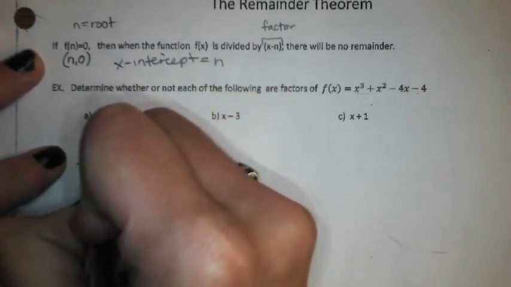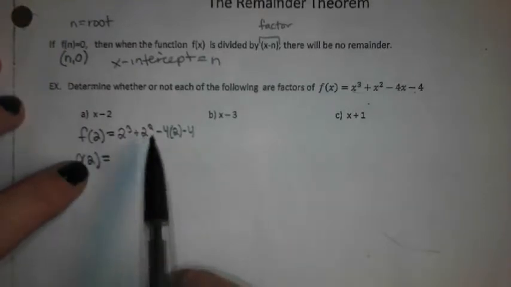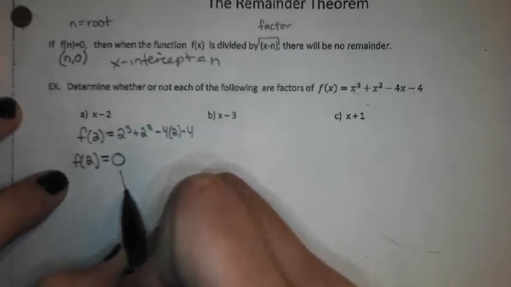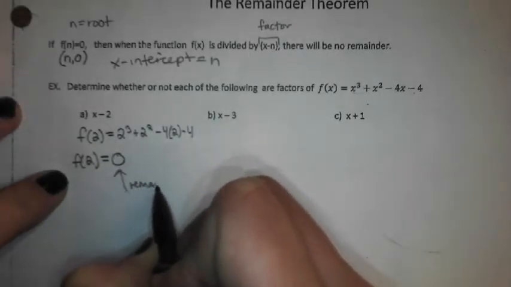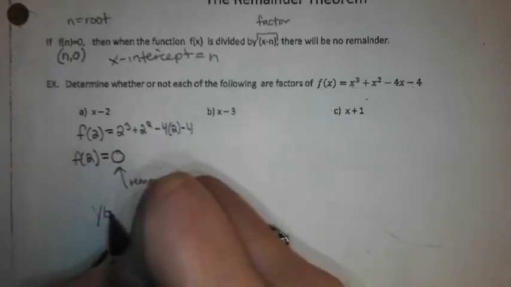I get that f of 2 equals 8 plus 4 is 12. 12 minus 8 is 4, minus 4 is 0. That would be my remainder if I had done long division. So is x minus 2 a factor if I get a remainder of 0? Yes.